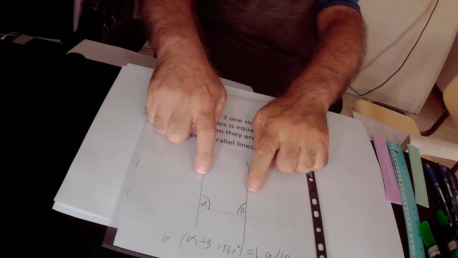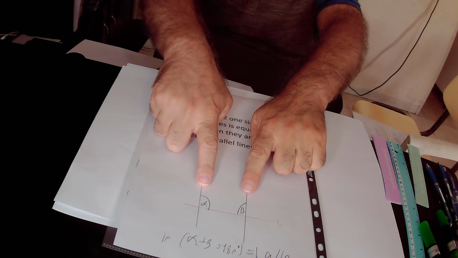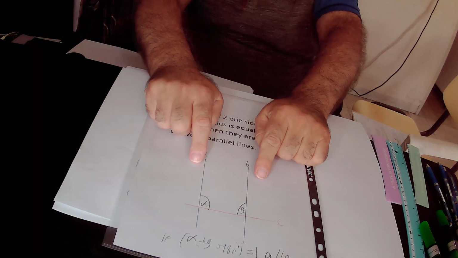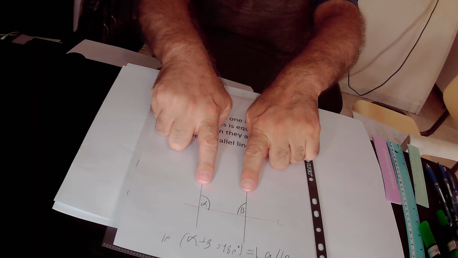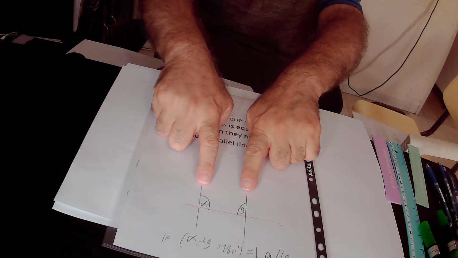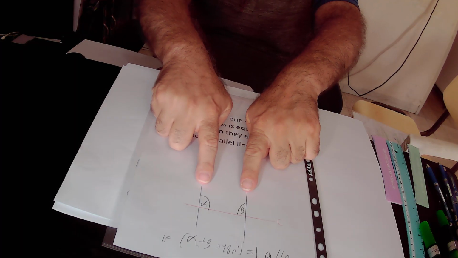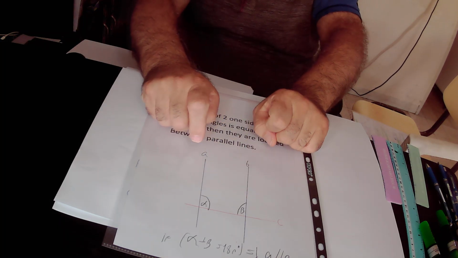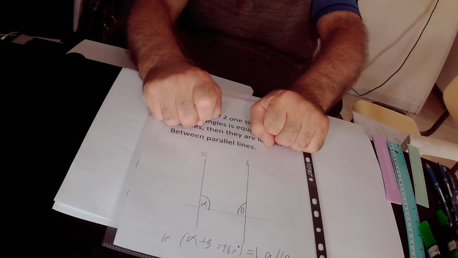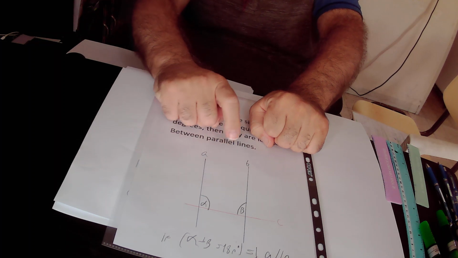In addition, those angles alpha and beta are defined as one-sided angles. So if the sum of those two angles is equal to 180 degrees, that is to say if alpha plus beta equals 180 degrees, then they are located between parallel lines. That is to say, line A is parallel to line B.